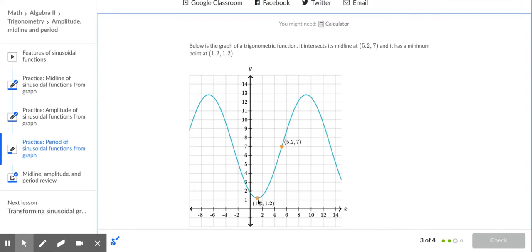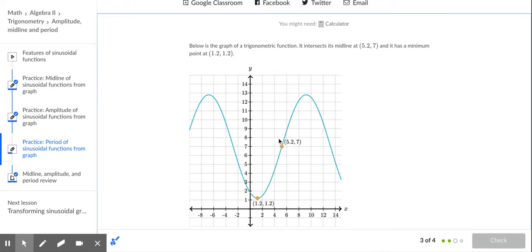So we need to go minimum to midline to maximum, back to midline to get to the minimum again. That's how the graph goes. And one period is going to be minimum to minimum or maximum to maximum. You can think of it that way, but we're not given the maximum, so I'm using minimum to minimum in this one.